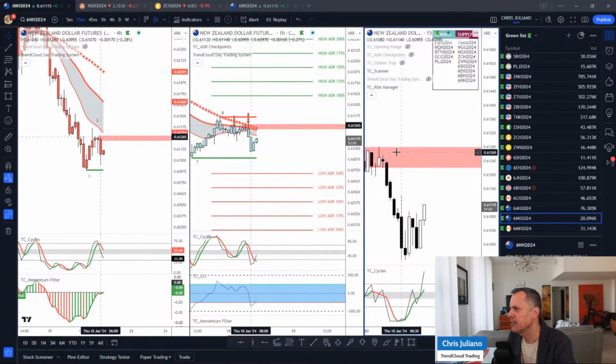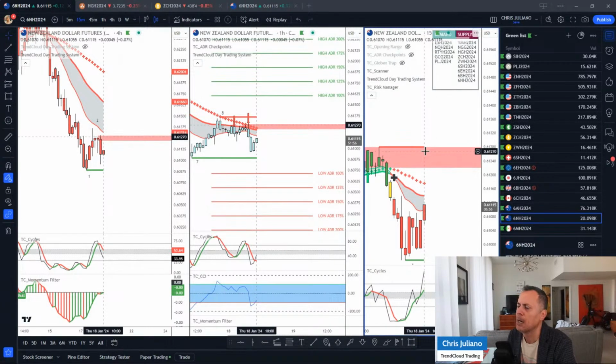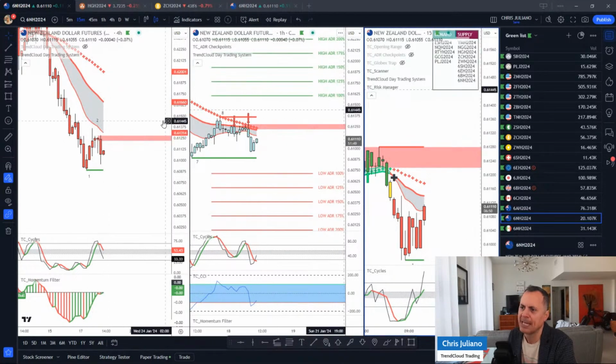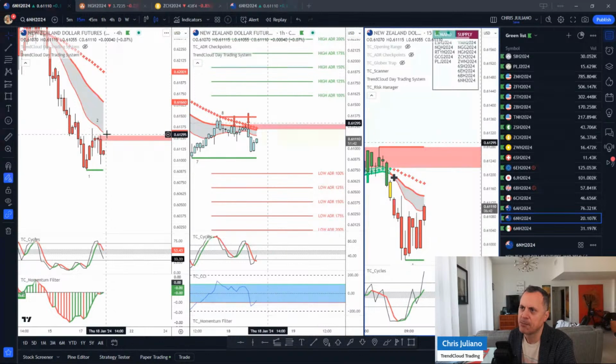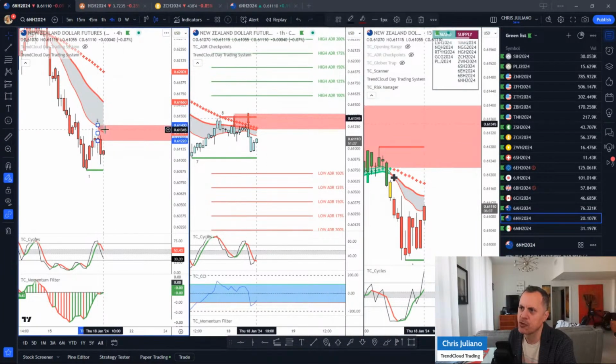So if we come back up into here, we'll have a recalculation, and then hopefully a move down. So we're actually asking this to come up a little higher and possibly hit that top portion there of the trend cloud.